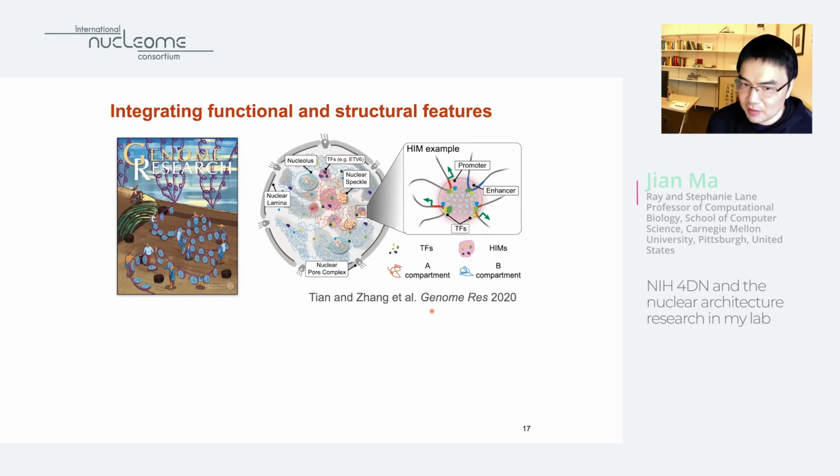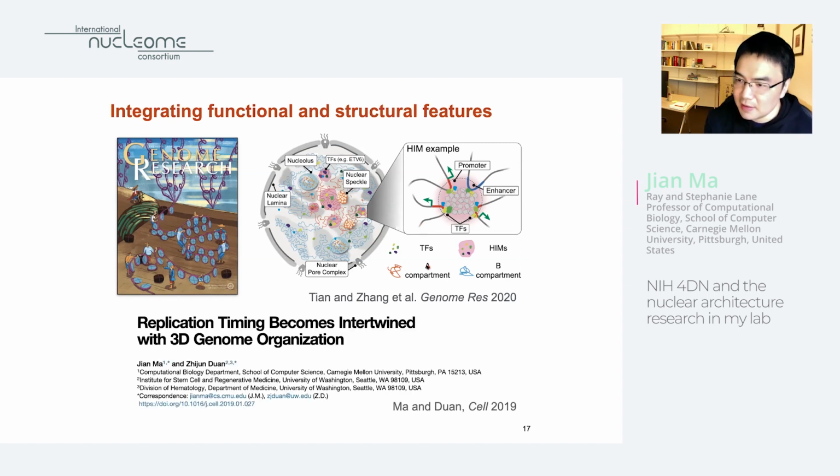And they form these spatial domains or modules that also have functional implications. In a way, it highlights the advantage of looking at the 3D genome together with data measuring genome function like transcription and replication.